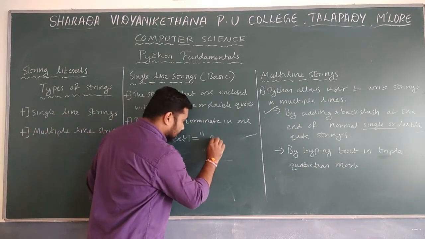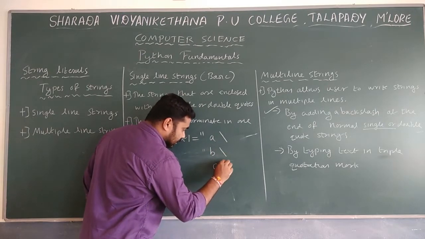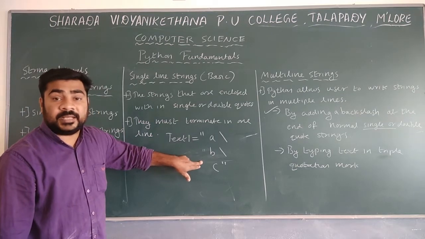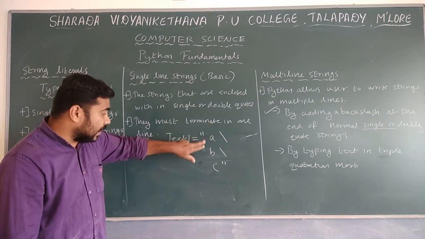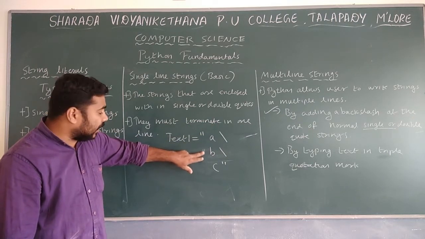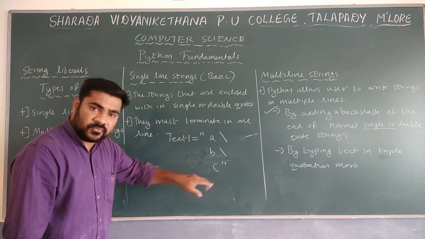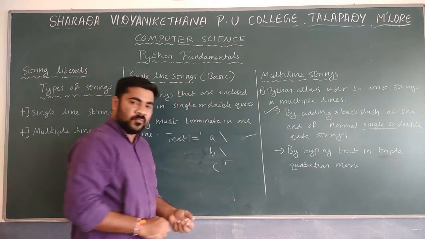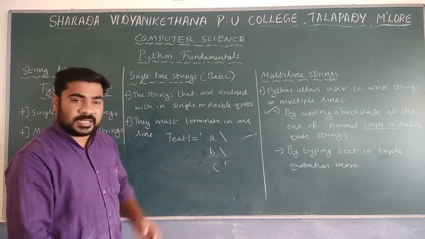Then A backslash B backslash C. So this is the method of writing multi-line strings in Python, the first part. You can add the backslash for single quote and also for double quote. Here I wrote the double quote, and it is also applicable for single quote.